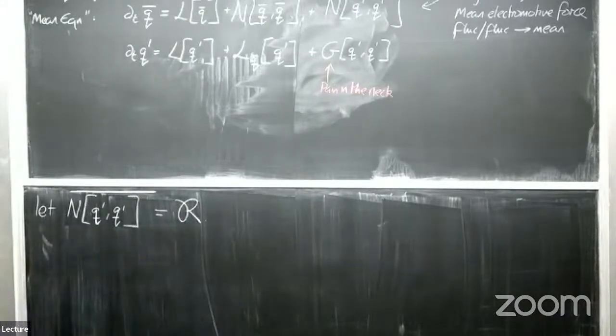So what could I do? Well, I could just postulate. If I only want to solve on the large scales, I could postulate some kind of functional form for it in terms of what I know, and I know Q bar.